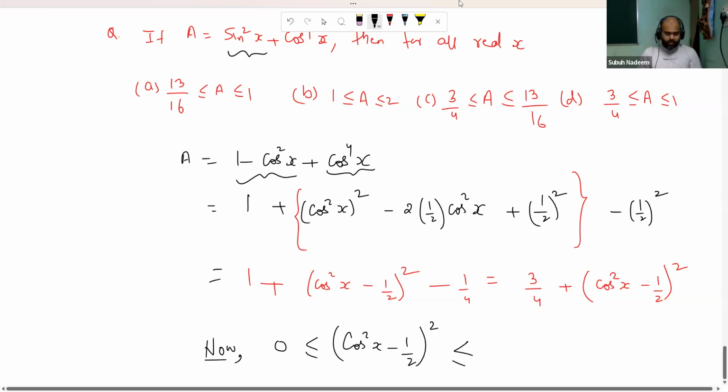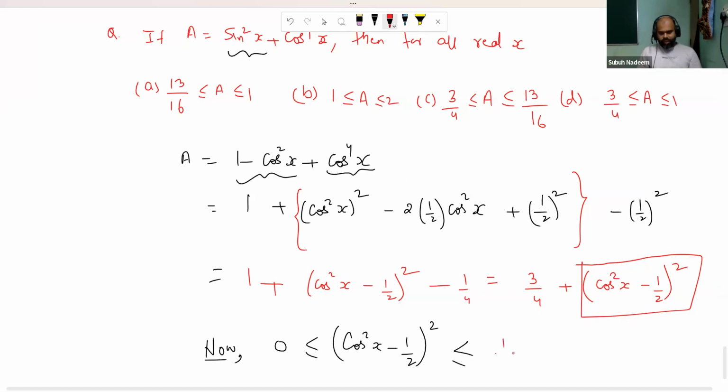I'm only talking about this term, cos square x minus half whole square. This has a minimum value 0 because this is a perfect square. What will be its maximum value? When you put cos square x as 1, it will become 1 minus half, so half square, that is 1 by 4.